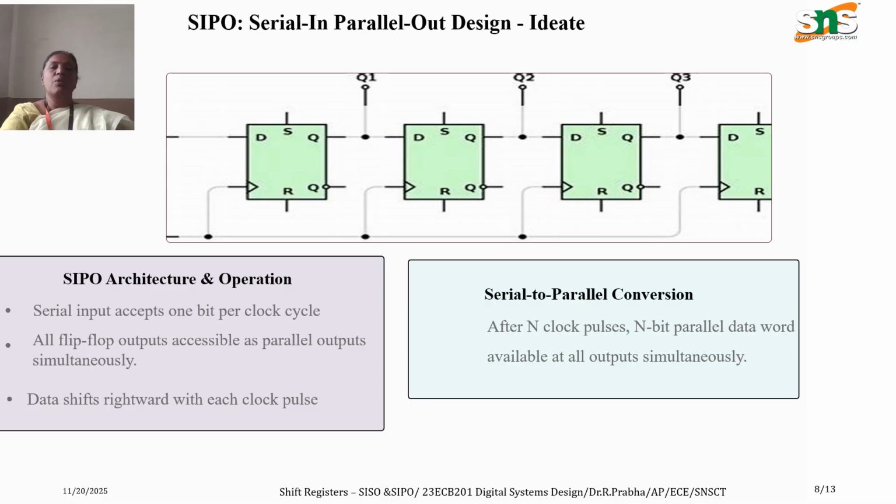As we see, one flip-flop output is the input to another flip-flop, and at each junction the output is taken. In this way all the outputs are taken. Here also the input enters serially, that is, bit by bit, but we can take the output in a parallel manner, and after the nth clock pulse all the data are available.